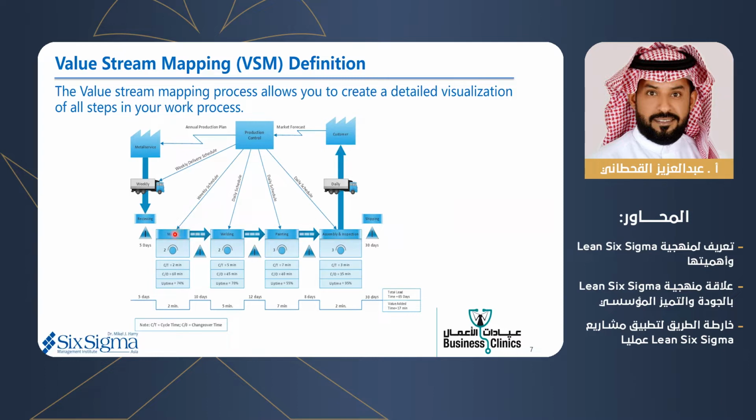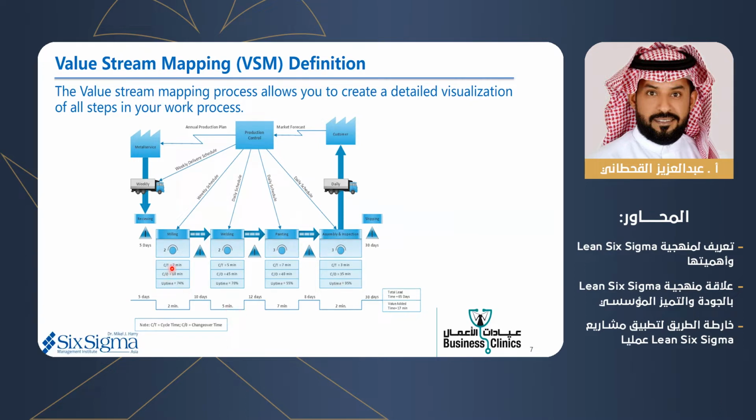Once we put all the steps we know into our process, we start measuring the time for receiving the material, the time for the milling activities, the time for the welding, how much time it takes, as well as bending and assembly, until it reaches the final customer. So once we set up the time, we can identify where is the non-value added, or where is the wasted time.